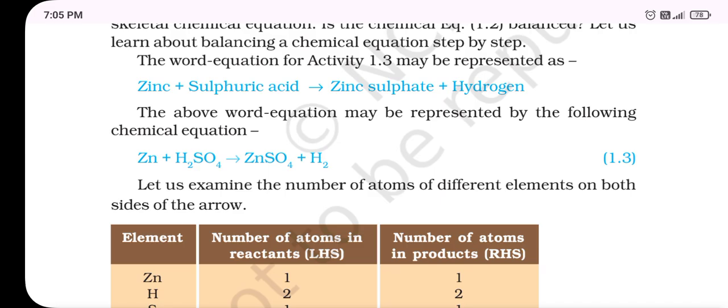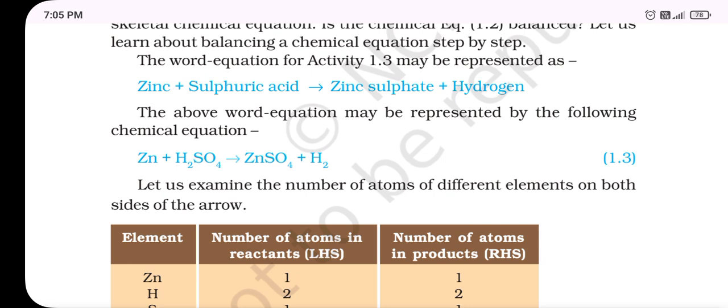Instead of zinc, if silver is present with sulfuric acid, then this reaction will not occur to form zinc sulfate plus hydrogen. The reason is that silver is not aggressive enough to displace the hydrogen from the sulfuric acid.